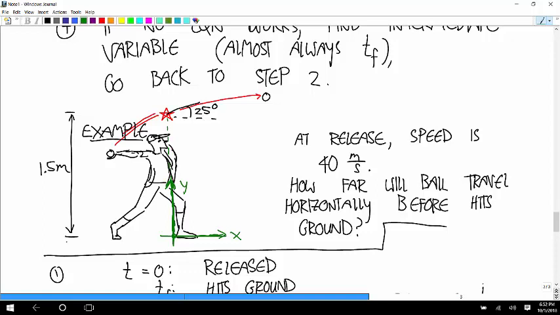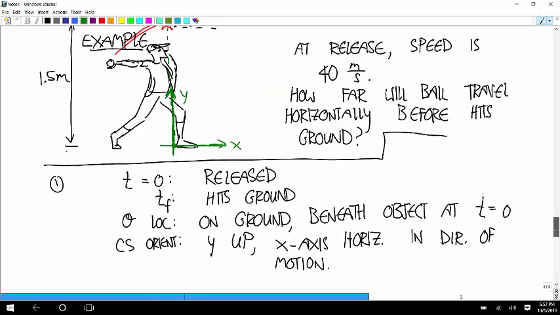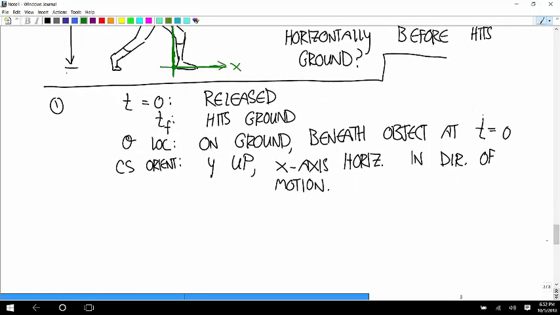So what's going to be the x component of the initial position? 0, yep. And what's going to be the y? Positive 1.5, because you start at 0 and go 1.5 in the positive y direction. Okay, so the second step, we're going to list out what we know and what we want.